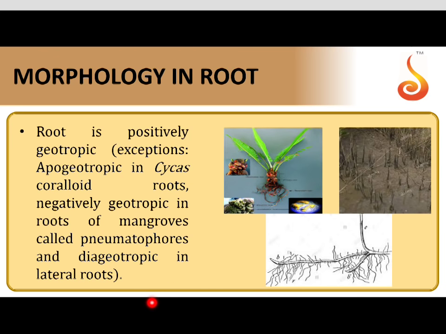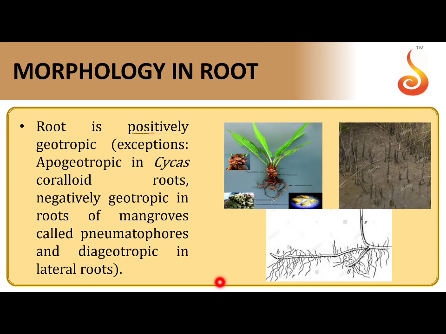Now, let us see these two roots. The first thing we understand is roots are generally positively geotropic, but as I told, there is an exception. Apogeotropic coralloid root seen in cycas. Look at this diagram. Can you see a clustered thing? What do you mean by apogeotropic? It is different from geotropic, that is the meaning of it.